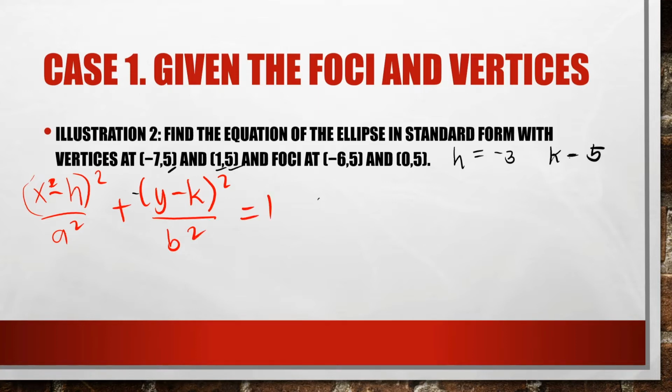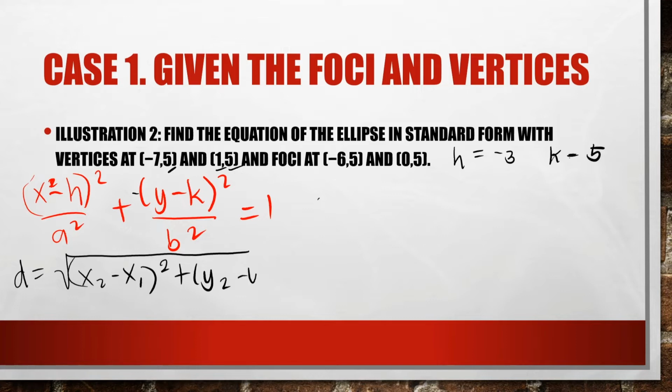So, next natin na gagawin is to find the length of the major axis. Distance formula ulit, d is equal to square root of x sub 2 minus x sub 1 squared plus y sub 2 minus y sub 1 squared.